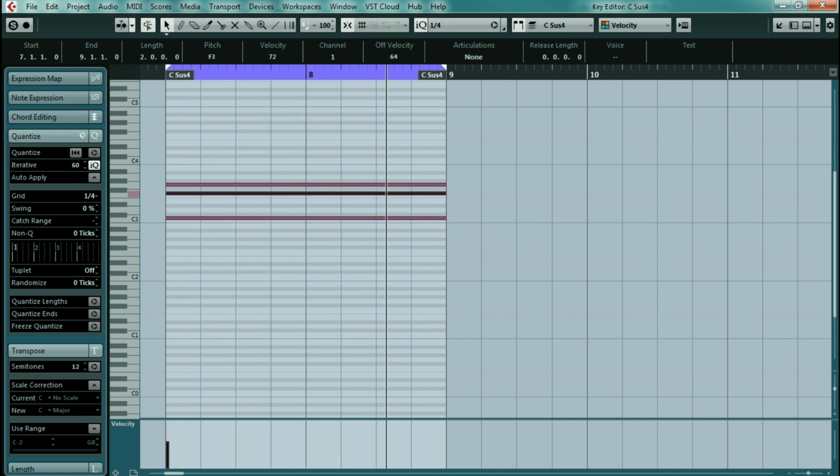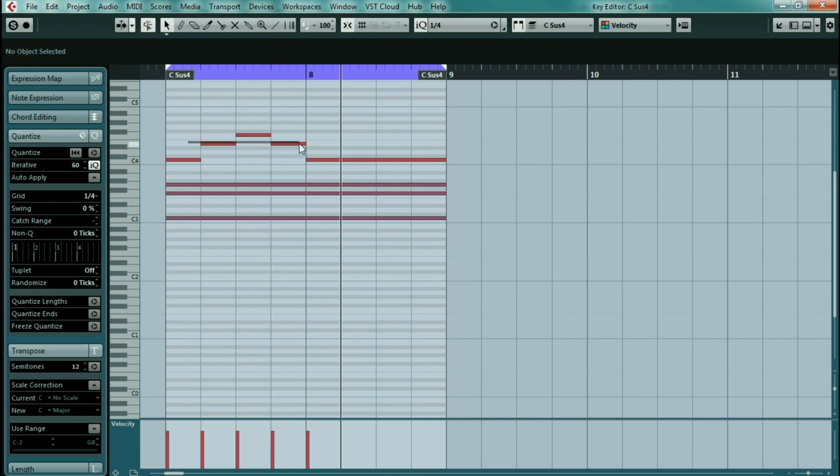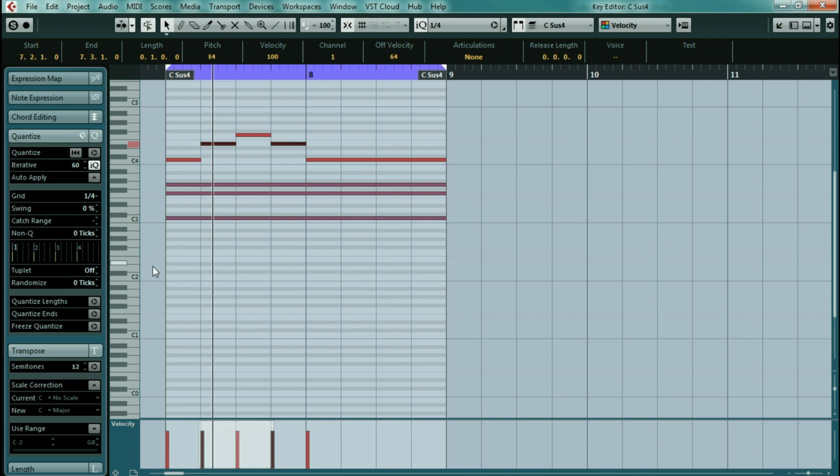Now if we put that melody in, we'll start with the major melody, and we're going to let this sus4 chord define a major chord by listening to a major melody. Now it'll define a minor chord by listening to a minor melody.